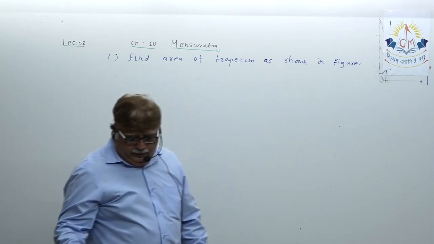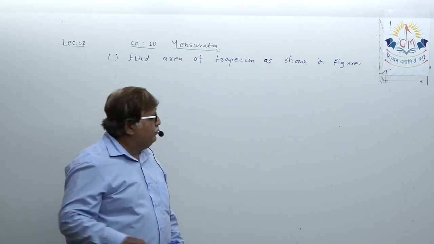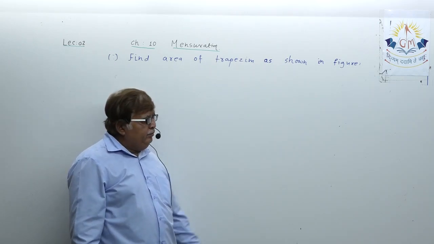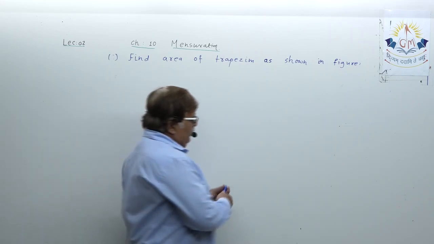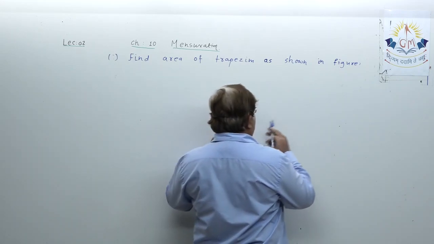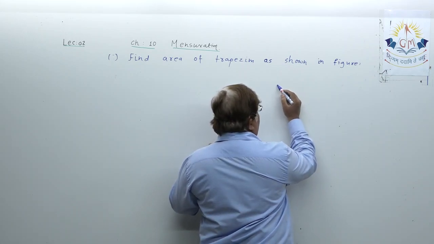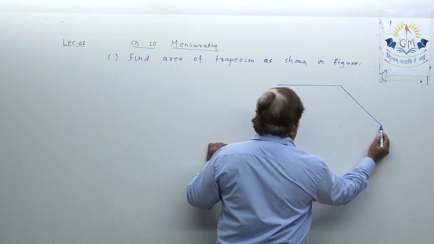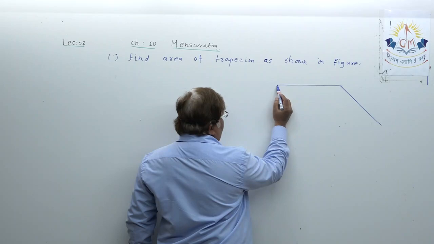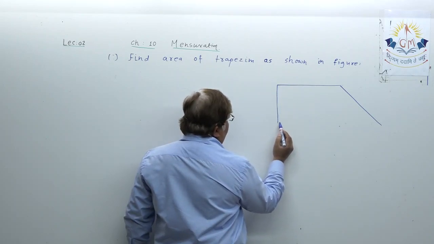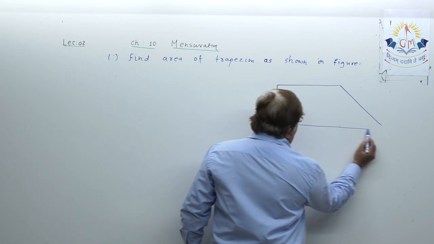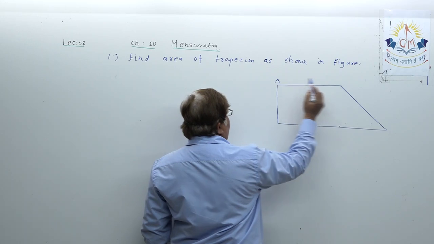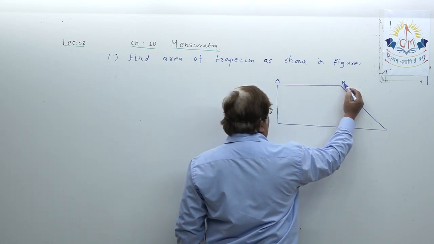You must have written this: find the area of trapezium as shown in the diagram, and now I am drawing the trapezium. You please draw with me. This is the trapezium given to you. Draw the complete diagram with me. Trapezium ABCD.